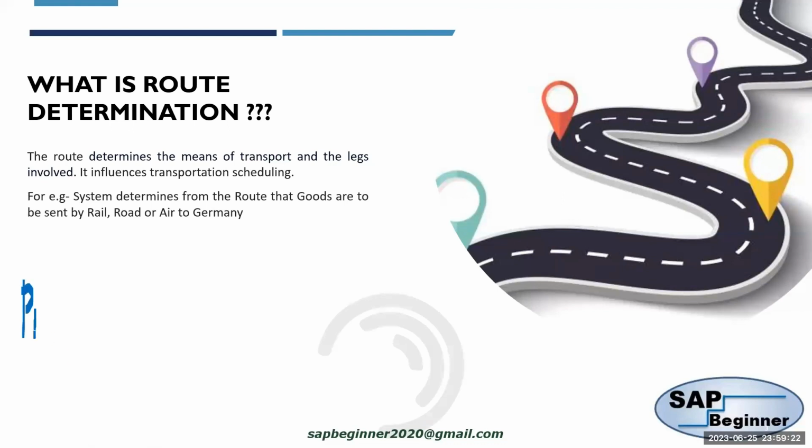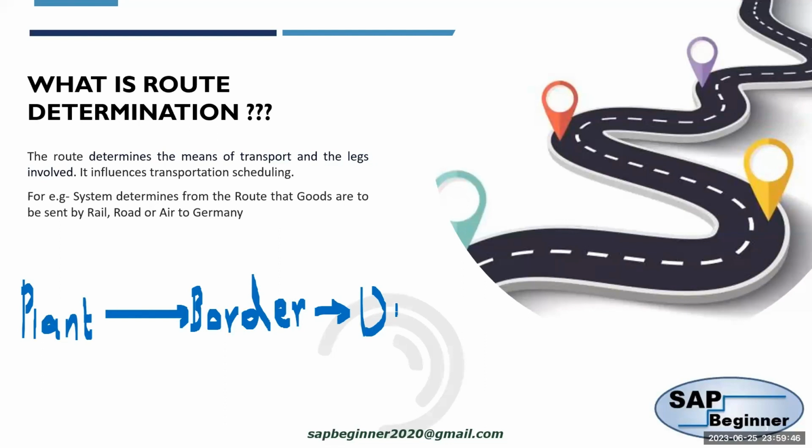So here it is plant, then border, then destination country, and finally to customer.